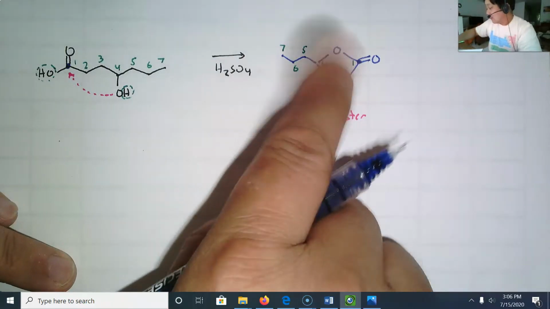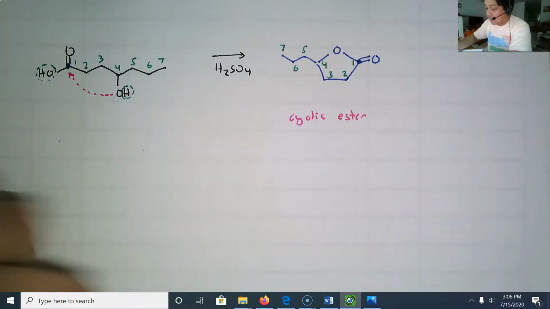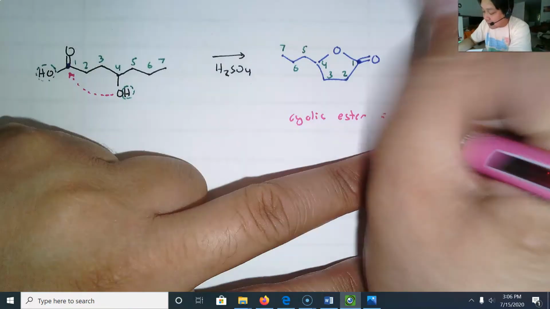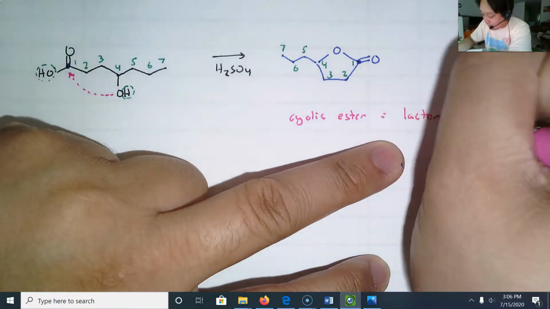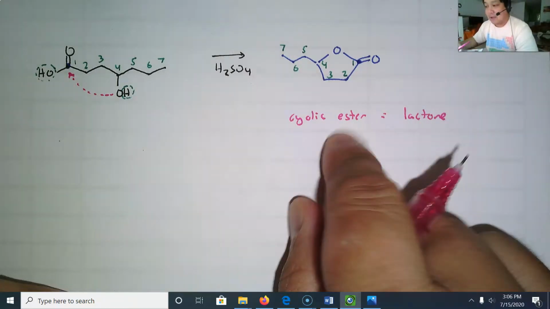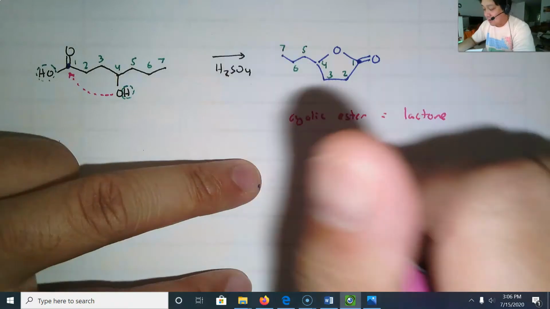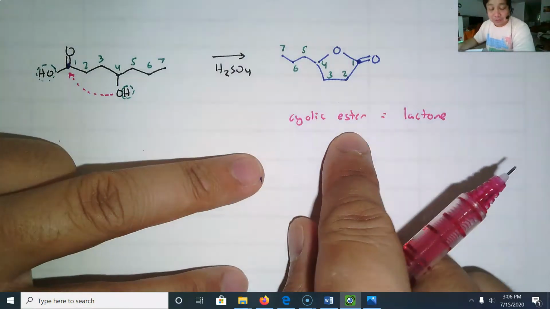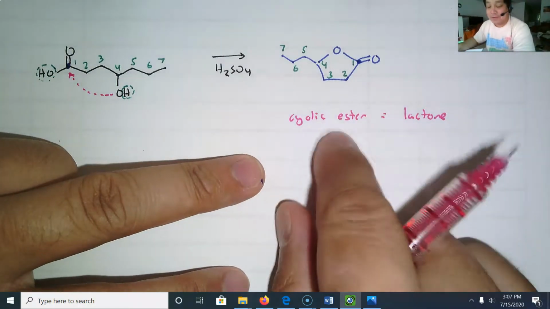The dot. Now, a cyclic ester has a fancy name. It's called a lactone. I have not yet talked about the nomenclature of esters. That's future. Don't get this confused with ether. We have done a lot of ether stuff, right?